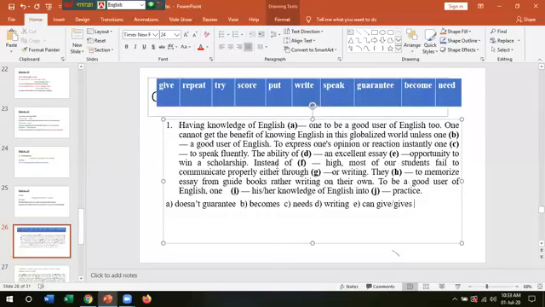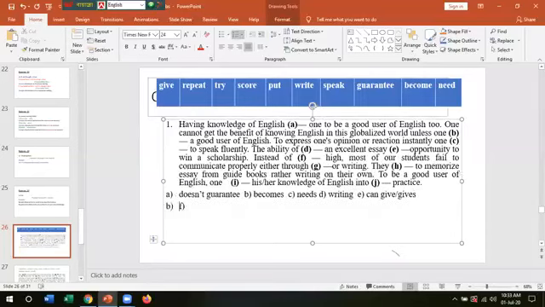Instead of scoring high, most of our students fail to... Because there is a marks-related thing, it will be scoring. There is instead of, another preposition, so it will be scoring: S-C-O-R-I-N-G.